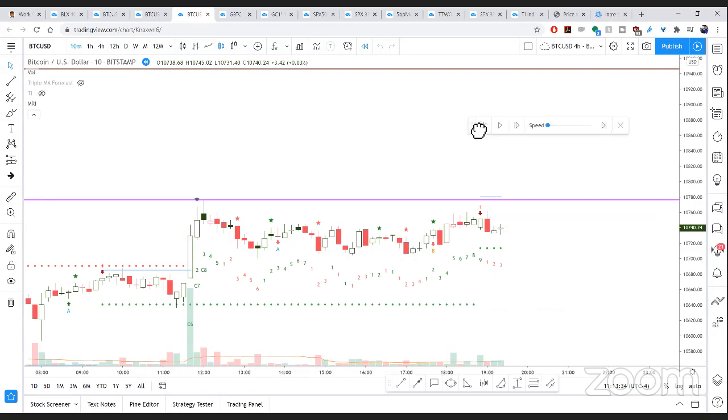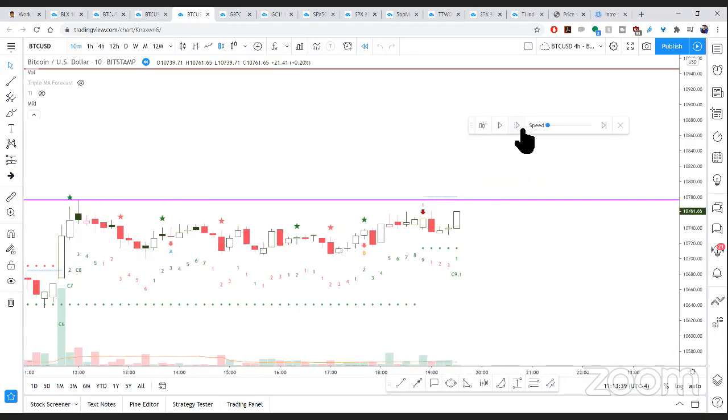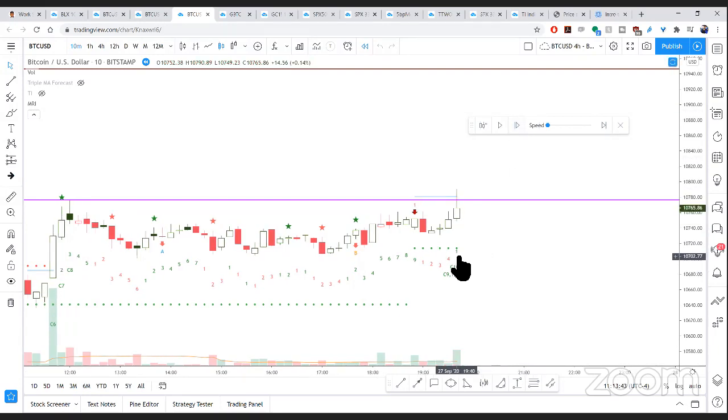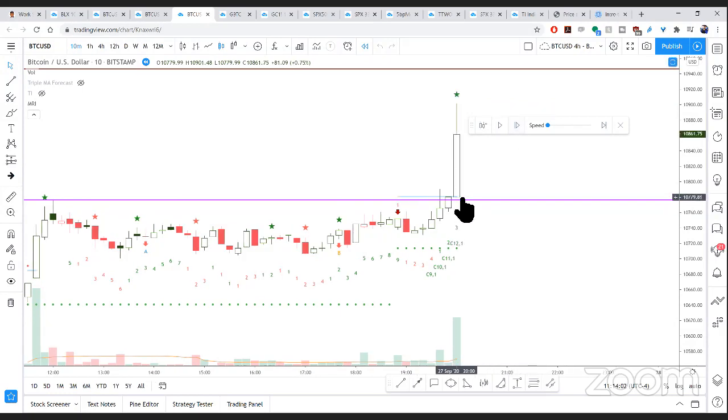So as you can see, these are 10-minute candles. And this is the first candle in the trend. This is the second candle in the trend. And this green star will show up the moment this candle is created. Right.